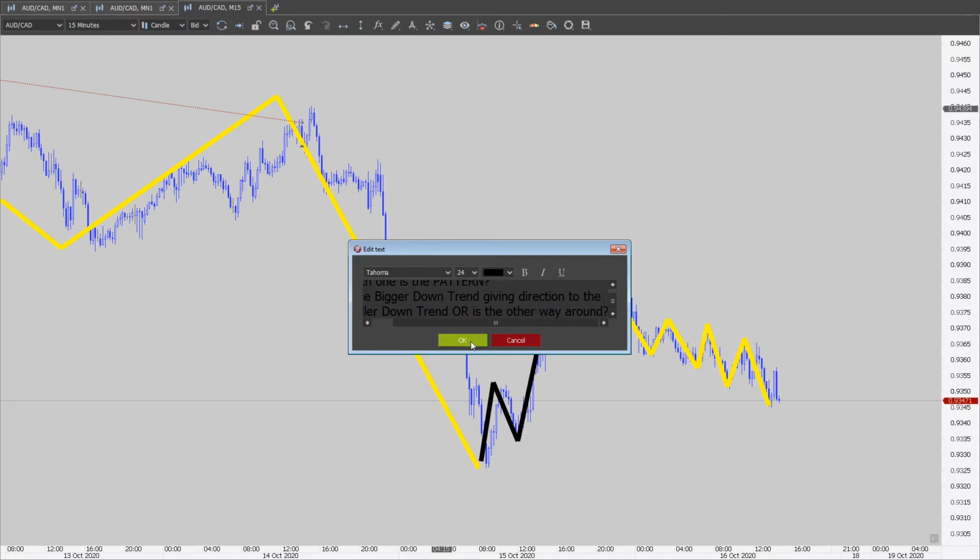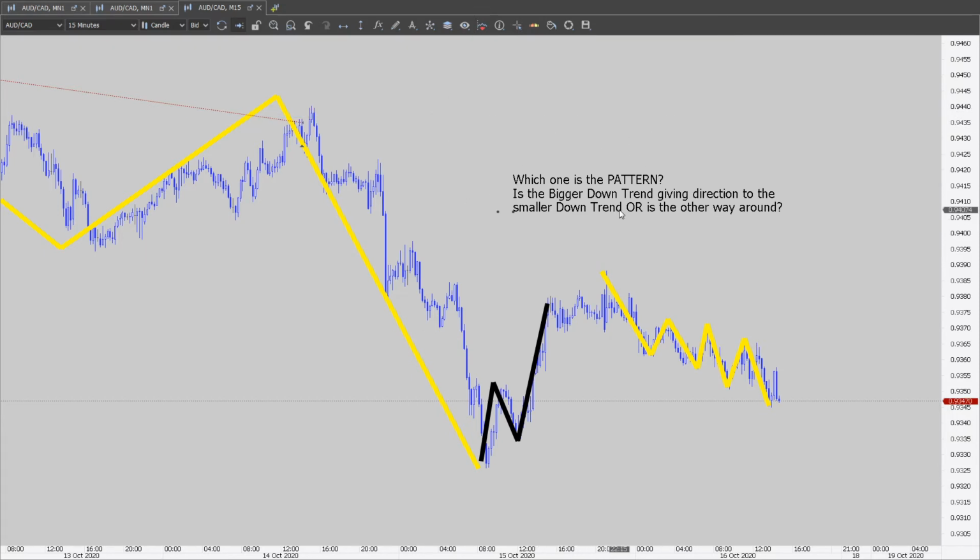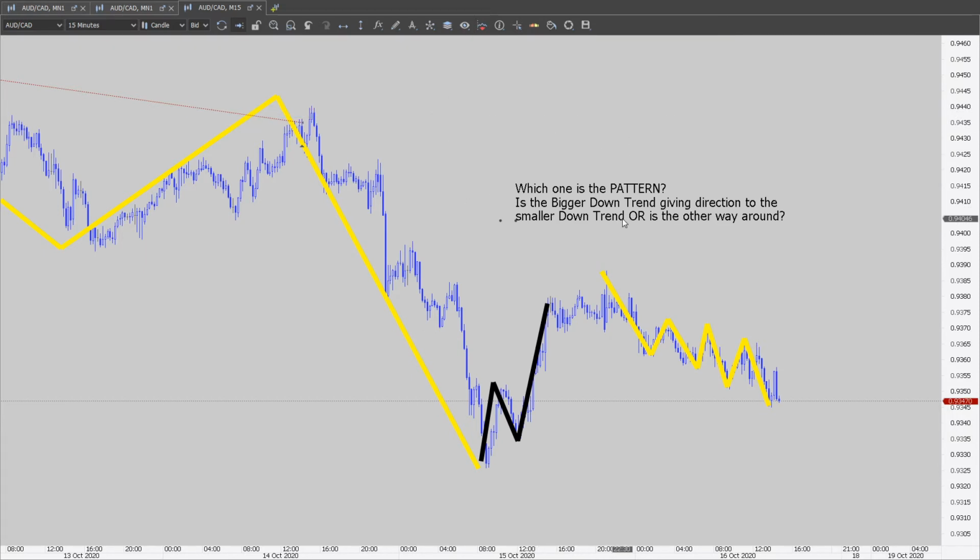Meaning the smaller is giving direction to the bigger. Which one is going to be? This is where we lose money, if you don't understand what is happening, why is happening, where is happening.